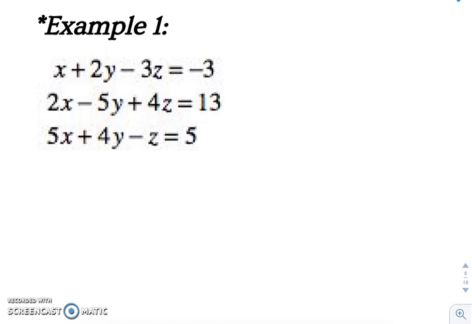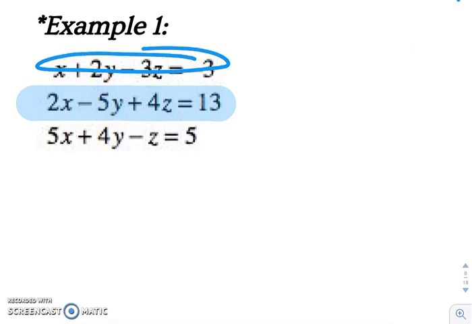So it really doesn't matter which one you choose to eliminate. I'm just going to choose to eliminate the x. So I'm going to use this equation and manipulate this one to eliminate this x variable. If I'm using that middle equation, if I want to get rid of the x's, we currently have 2x.